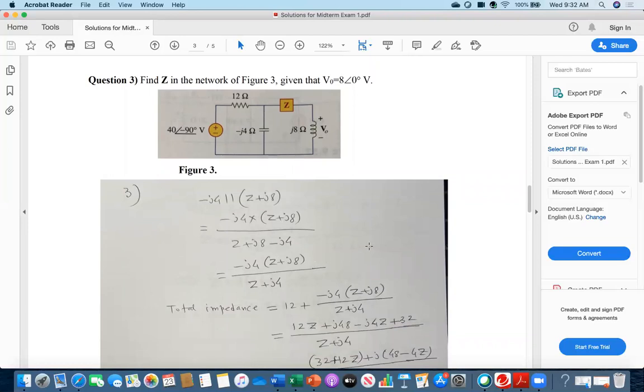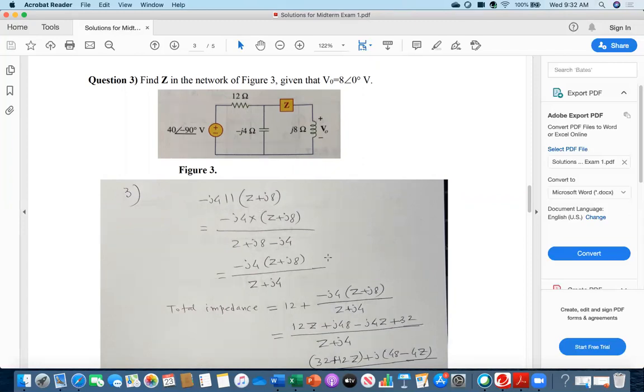I calculated the total impedance. The impedance of the inductor is in one branch and is in parallel with the impedance of the capacitor, and then that is in series with the resistor.